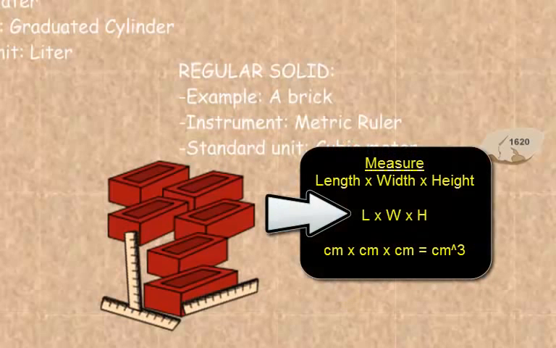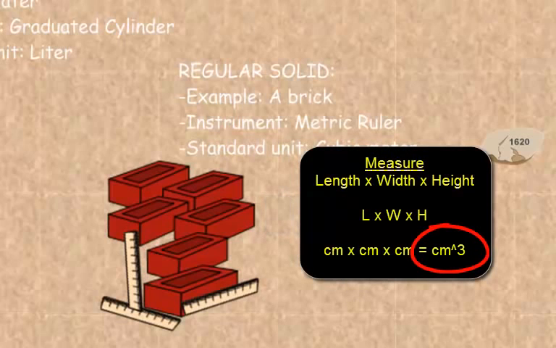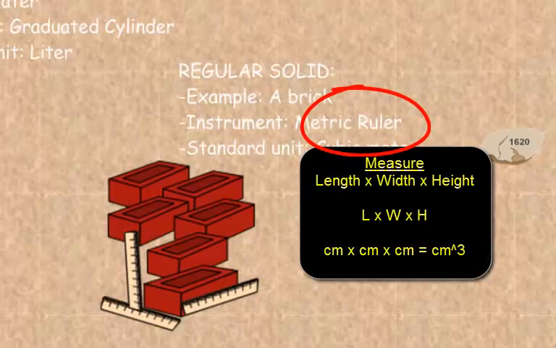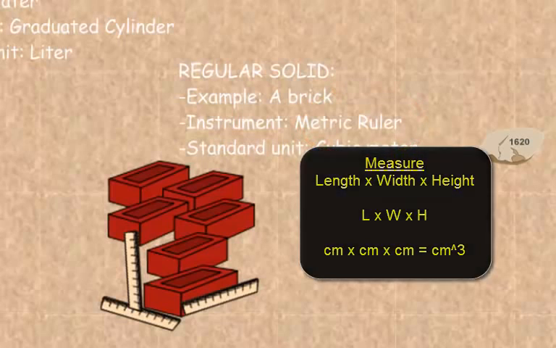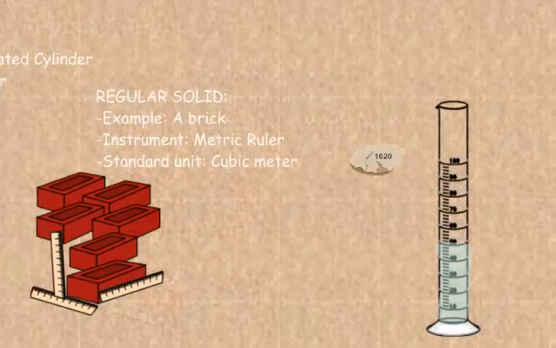And in our lab, we're going to be dealing with centimeters. So you're going to get centimeters cubed as your unit. But you notice our standard unit is cubic meters. So if we get cubic centimeters for our answer, we just have to convert it if we needed to keep it in standard form.